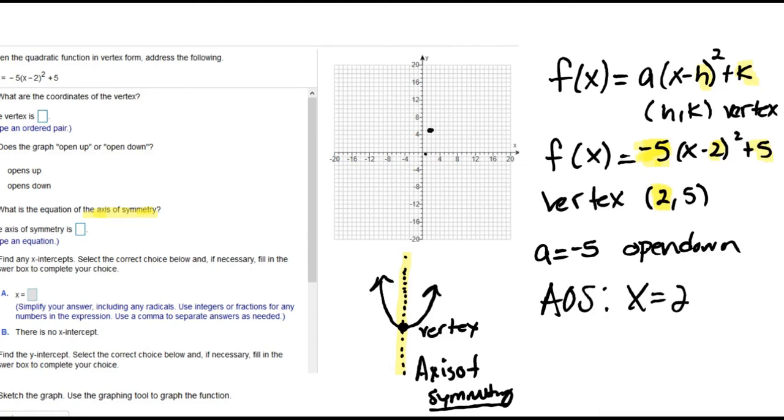We had x-intercepts at 1 and 3. And we had a y-intercept at -15, which should be here. I'm going to connect these with a parabola, keeping in mind this vertex is a special point. That's where the graph is going to come to a peak. So we can sketch the graph.